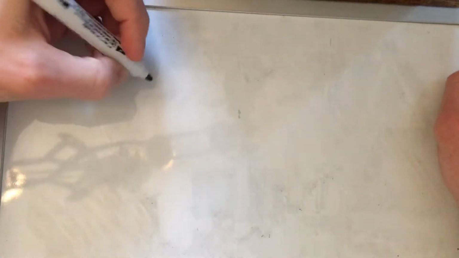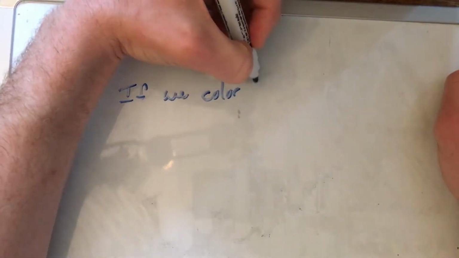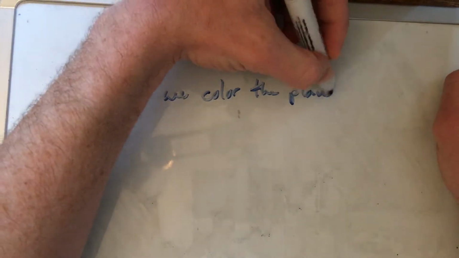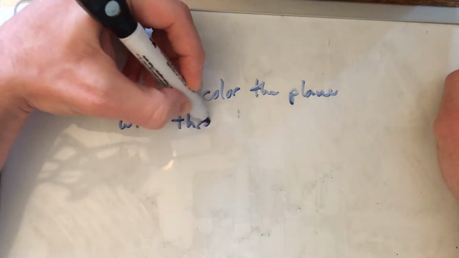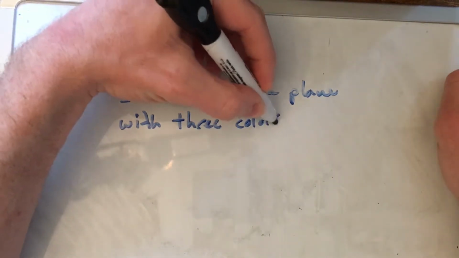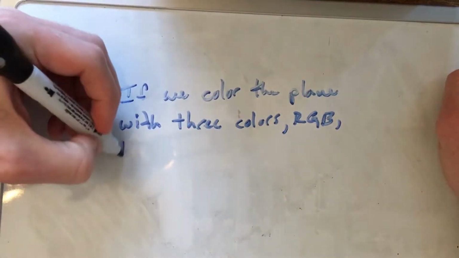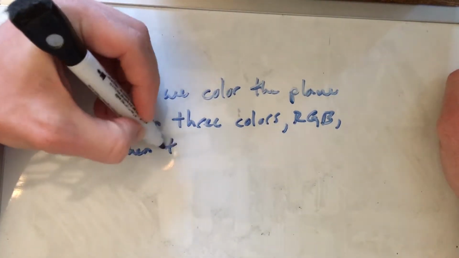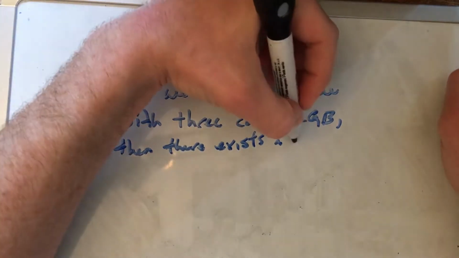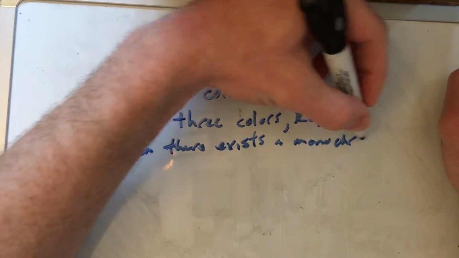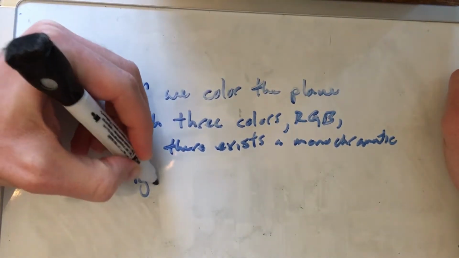So basically we're saying that if we color the plane with 3 colors, say red, green, and blue, then there exists a monochromatic right triangle.